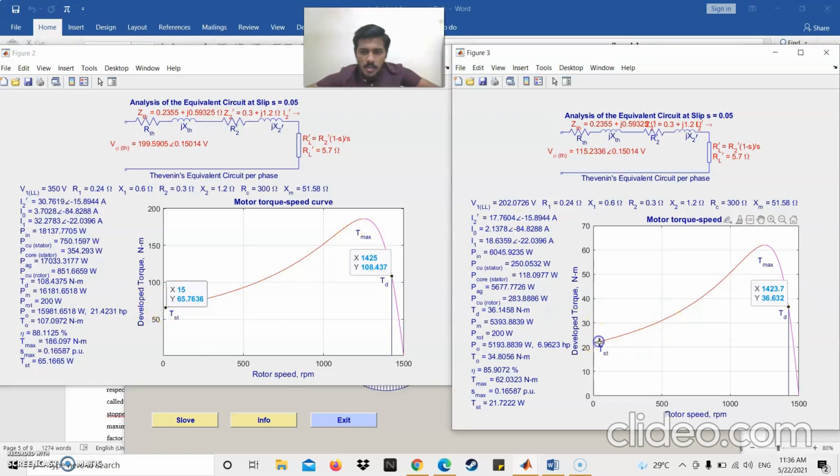Okay, now starting torque. Both have different starting torque values. So it starts from 37.5, then 22.2265, and then here 65.76. Okay, what does the difference mean? So figure 2 has a larger starting torque compared to figure 3.